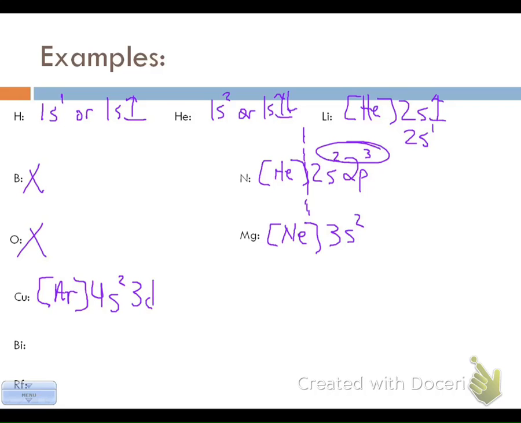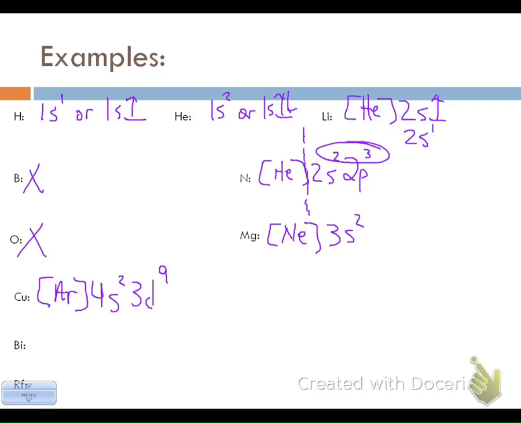And then you can count over. Copper is in the 9th box on that row, so that's going to be 3d9. In case you're wondering, the answer is yes. After the bracket, you will always start with an s on that row. Very difficult to miss.